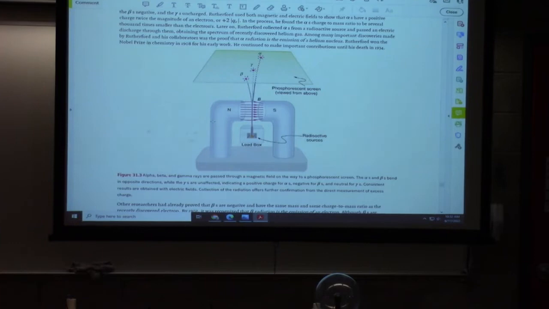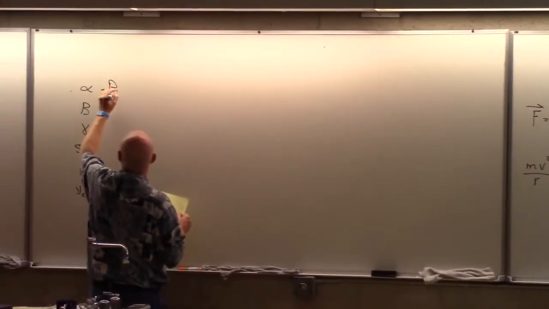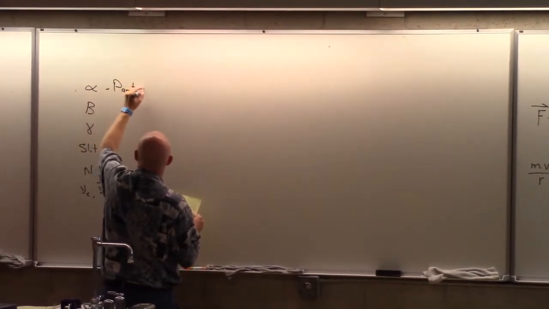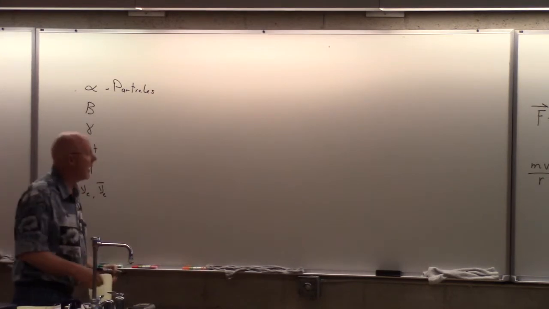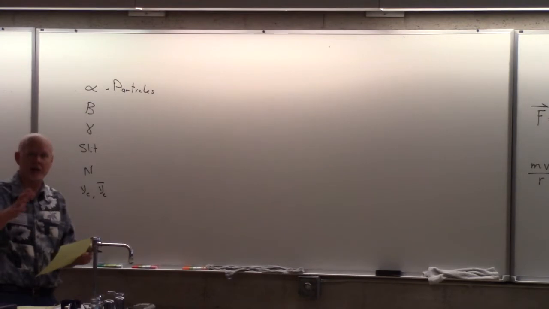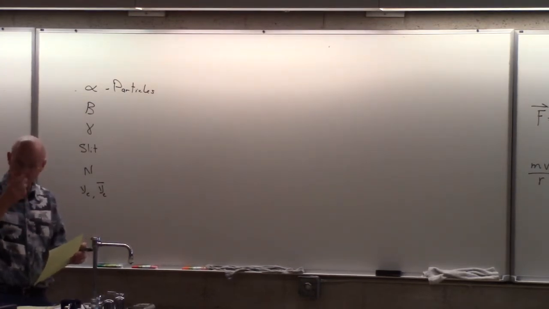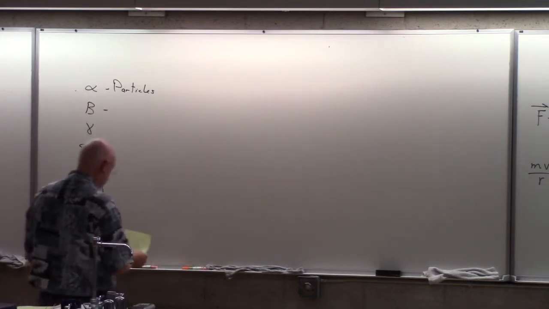And so I will just call that an alpha particle. Now, you will soon see as we go through the rest of this chapter that we'll later discover that these are actually 2 protons and 2 neutrons. And so that's yet to be discovered here.